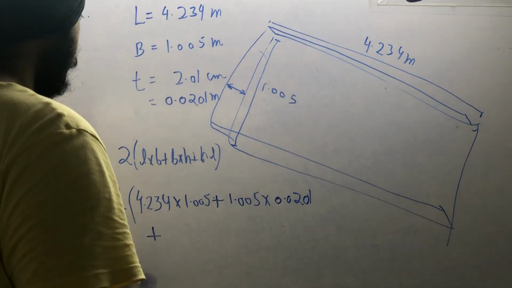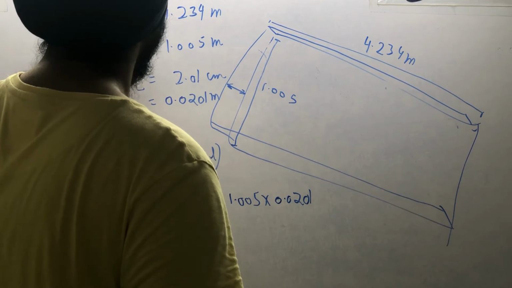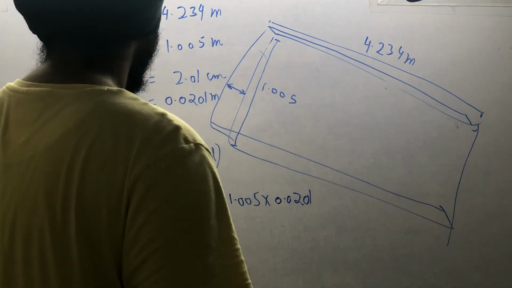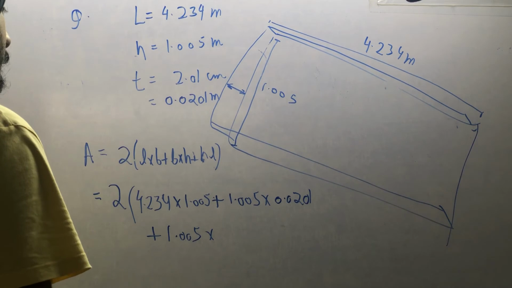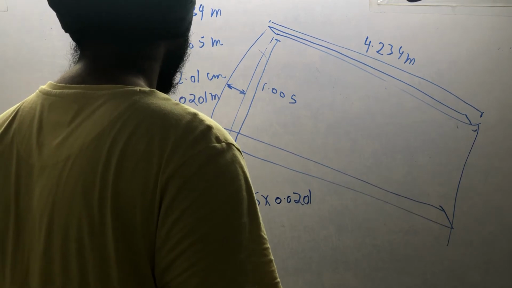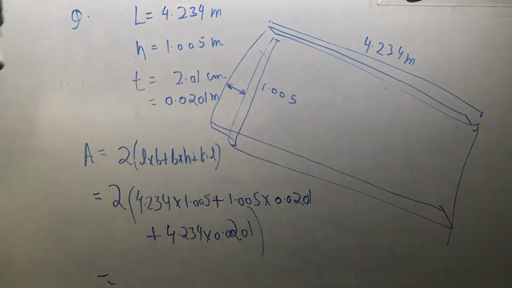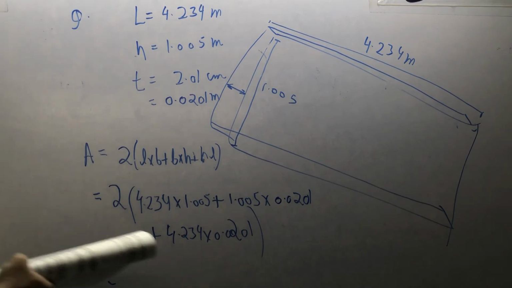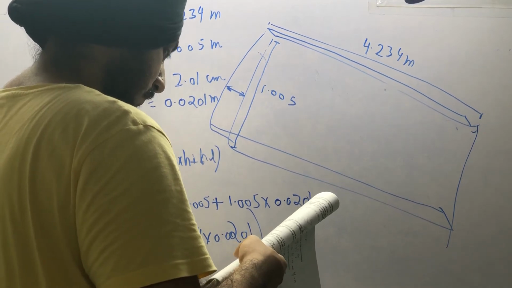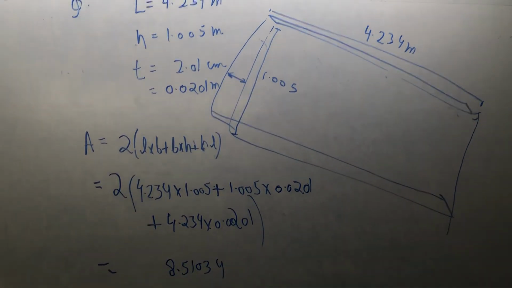Then plus height into length, HL. The value that comes out is approximately 8.51034. Okay, now this is the answer that comes out.